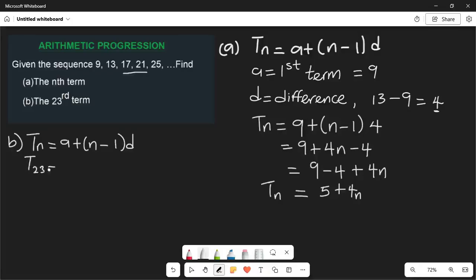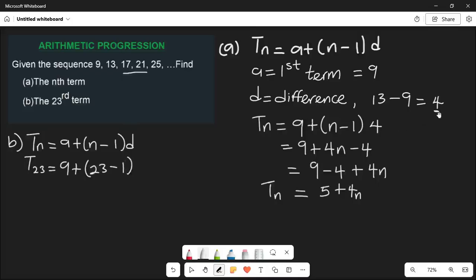So we have t23, which represents the 23rd term, equals a. Remember, a is the first term, which is 9, plus bracket, we are looking for the 23rd term, so n is equal to 23, minus 1 bracket, remember the difference is equal to 4.